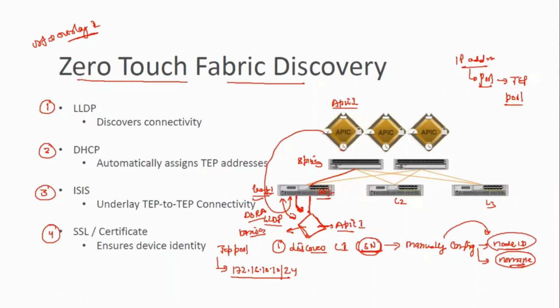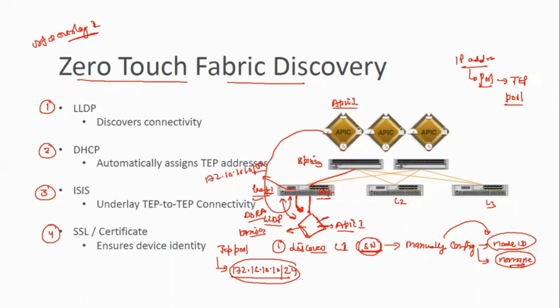In the DORA process, epic will provide an IP address to this leaf from this pool. Let's say epic will provide 172.10.10.10/32, so it will be all /32. Now once it is done, your leaf 1 is discovered.